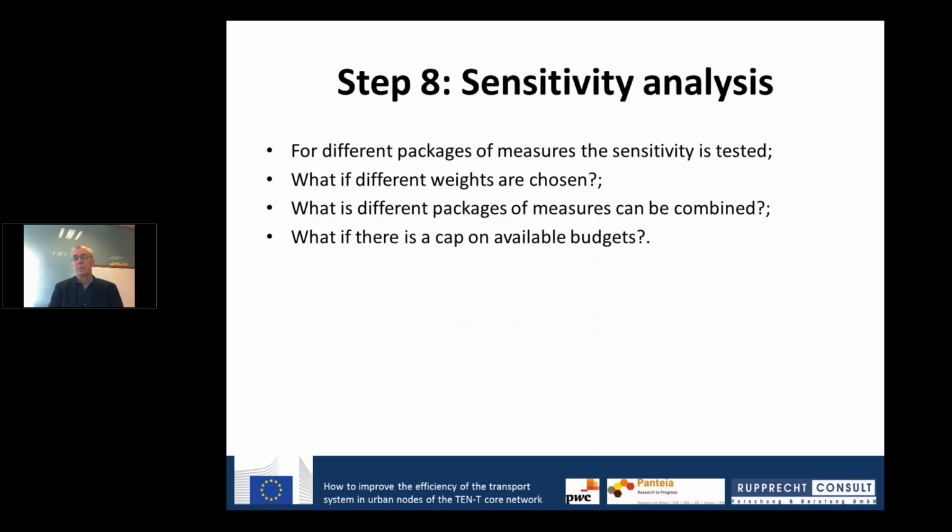In the 8th step, we performed a sensitivity analysis, and this can be done for different packages and measures, and in fact the sensitivity is tested. We tested different aspects, like for example what happens if different weights are chosen, or what different packages or measures can be combined, and what if there is a cap on the available budgets.